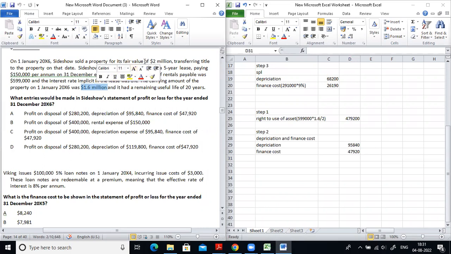And at what price did you sell? 2 million. Generally, the difference is considered as the profit or loss on disposal. Here, because the sale proceeds or the fair value is more compared to the carrying value, we assume 0.4 million as our profit on disposal. This is normally for a sale of an asset.